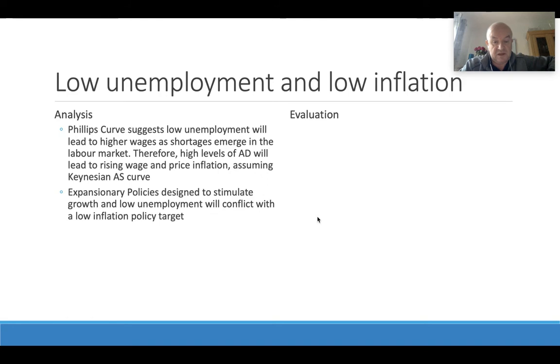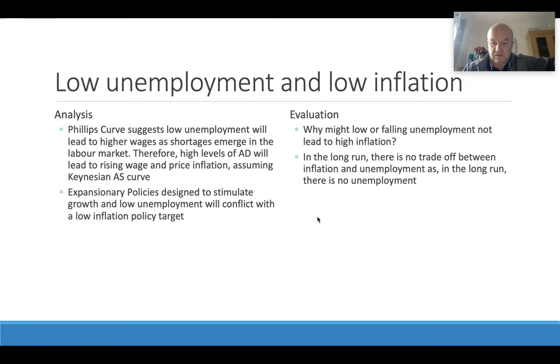So if we're talking about expanding the economy, that clearly is going to be a little bit of an issue as far as the potential for encouraging inflationary pressures. However, one could argue that in this instance, particularly if we take a look at what the Phillips curve told us originally, as we will have seen, the Phillips curve has actually been somewhat discredited in the light of certain things that have happened in the economy over the last few years.